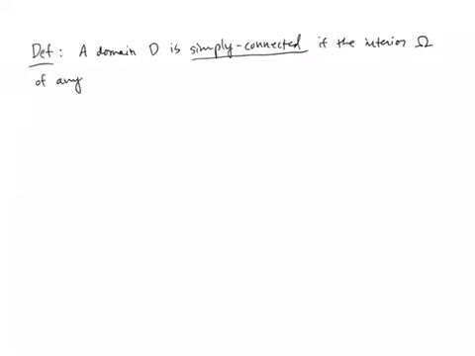A domain D is simply connected if the interior omega of any simple closed curve gamma, where this gamma is contained in D, is such that omega is also contained in D. Okay, so if you draw a non-intersecting closed curve in your domain, to be simply connected, you need all of the stuff that is contained inside that curve to also be in the domain. So that's what we mean by simply connected.